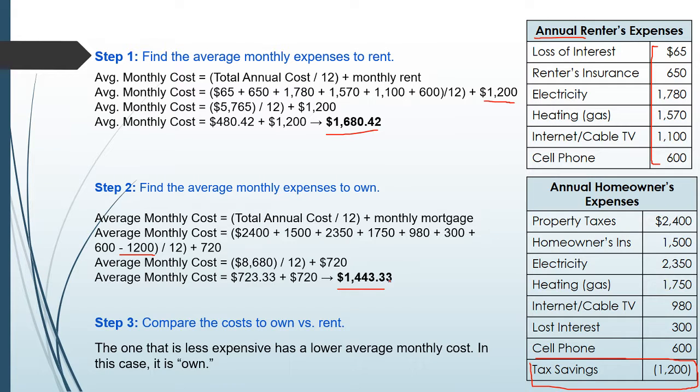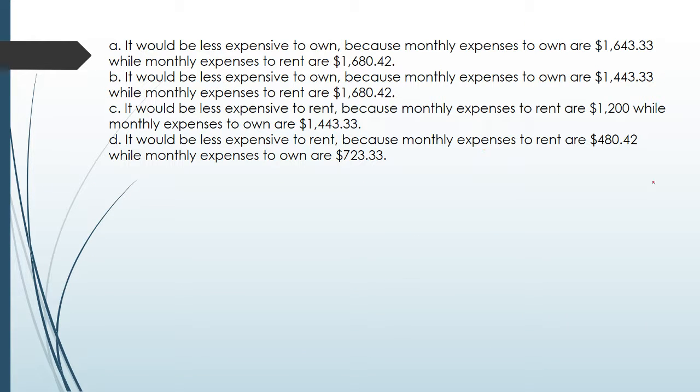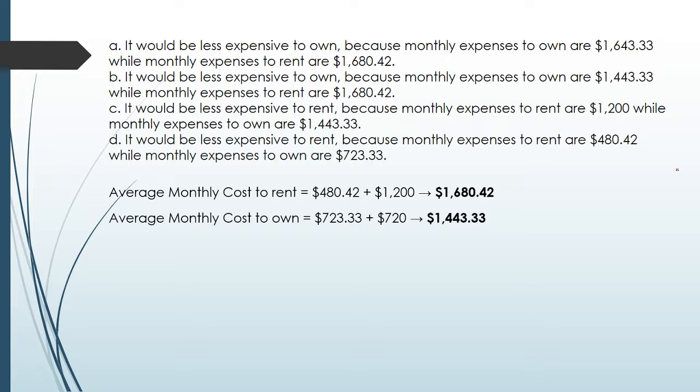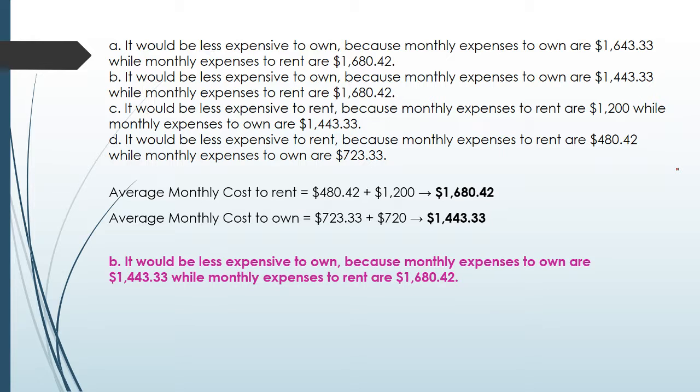Next slide, I'm bringing back all of the options. Rewriting everything. Average monthly cost to rent was $1,680.42. To own is $1,443.33. So the answer, notice that both A and B have the option less expensive to own, but be very careful on what it says.